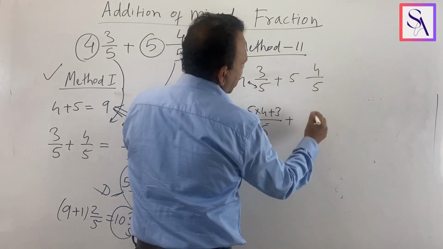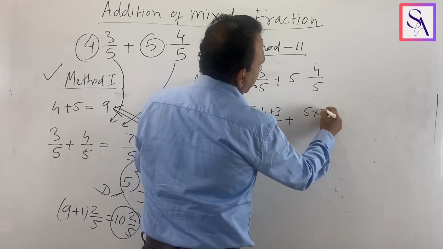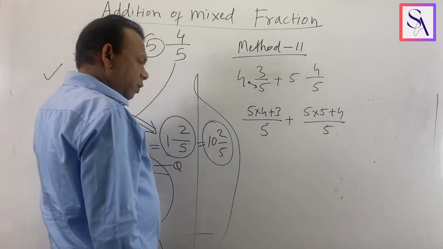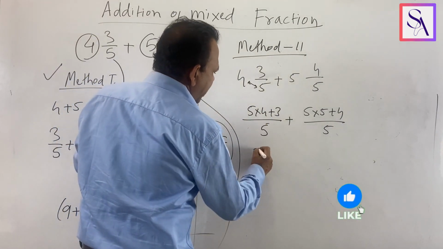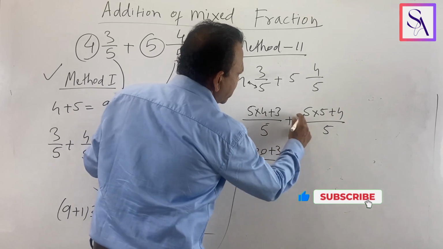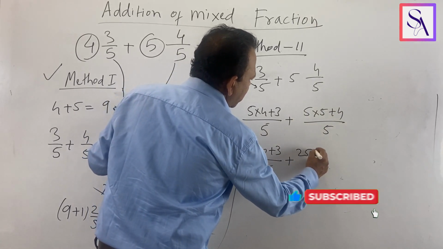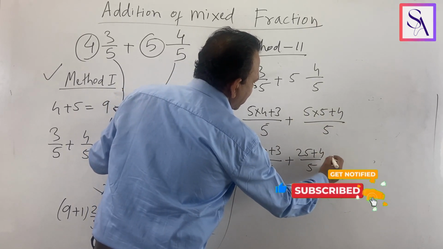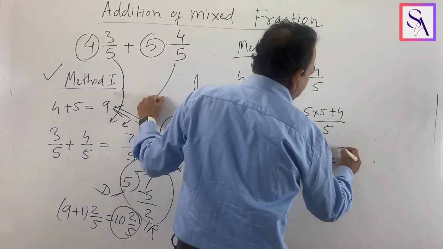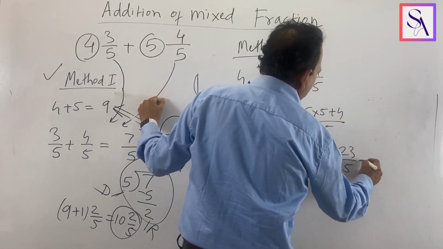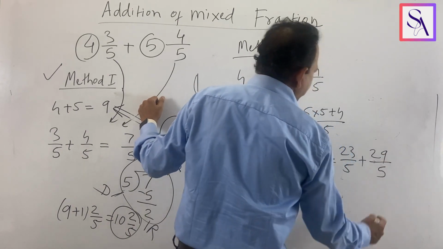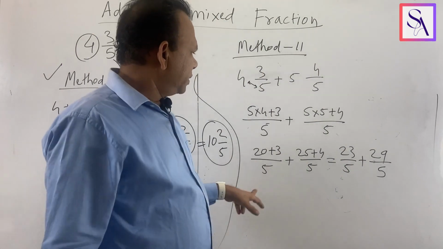Similarly for this as well, 5 into 5 plus 4 divided by 5. 5 4s are 20 plus 3 by 5 plus 25 plus 4 divided by 5, which comes to 23 by 5 plus 29 by 5, right?